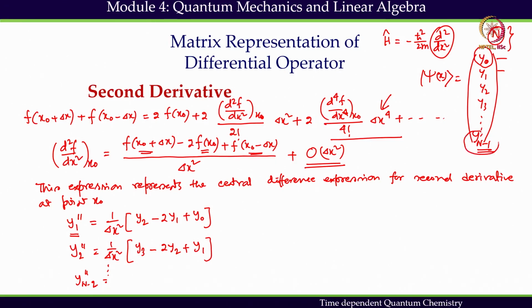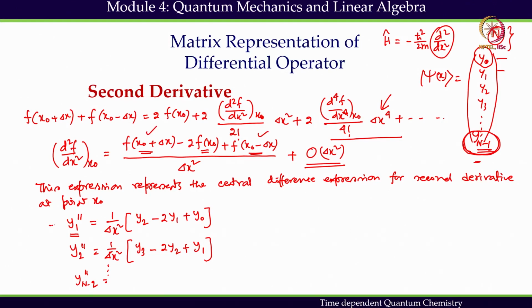Similarly, I cannot get the second derivative with the central difference method at the first point, because I do not have any point one step backward. I need both the one step forward and one step backward function values.